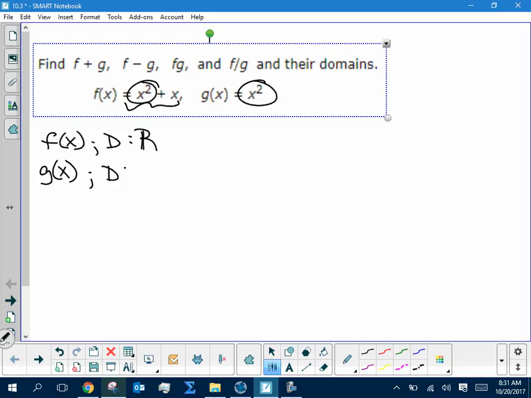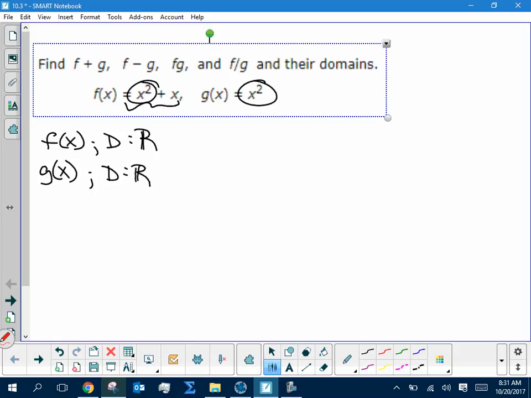So its domain is all real numbers. When I start adding, subtracting, multiplying these, the domains of these new functions are the overlap, or the intersection, of those two domains. If I have the real number line overlap the real number line, doesn't that just give me the real number line?